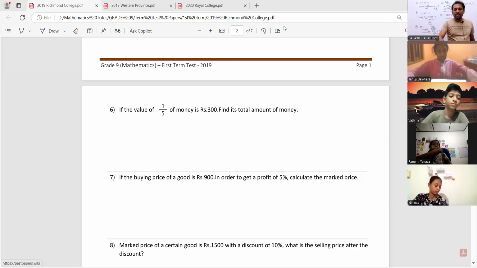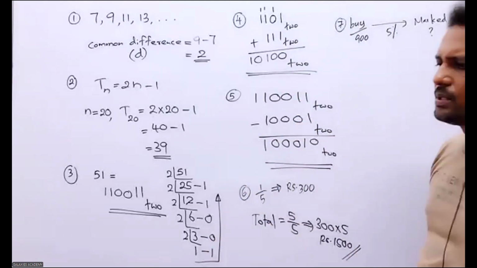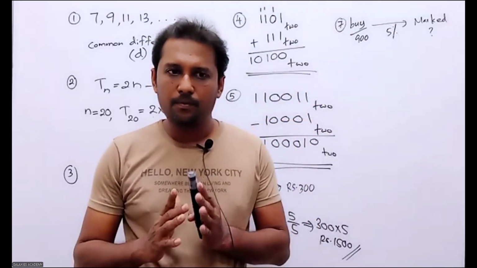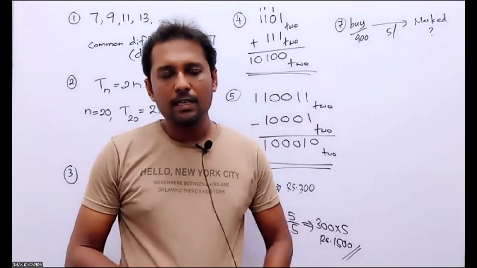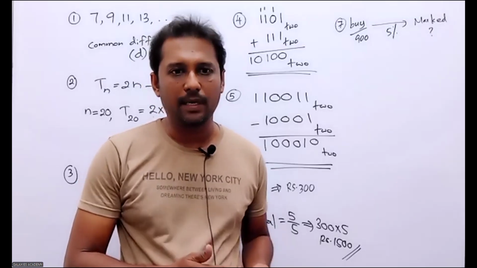Right? There are 2 methods you can use for this question to find the answer. First, I am going to find the profit. After that, I will go on to find the mark price.